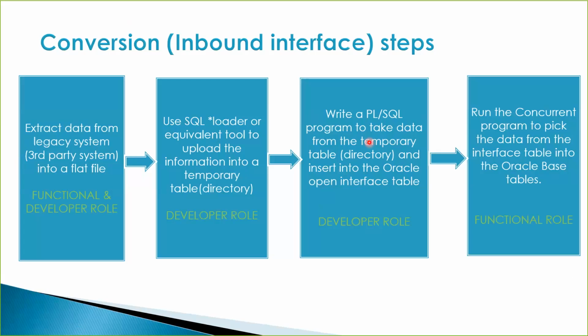Then you would have to run a program to pick up those transactions of the data from the interface table and send them into the base tables. Base tables is where those functionalities or those data need to reside.